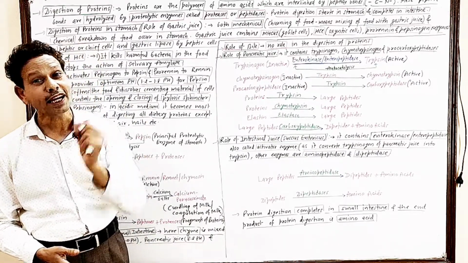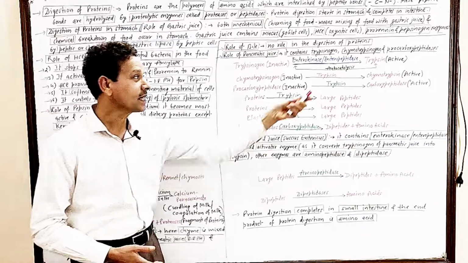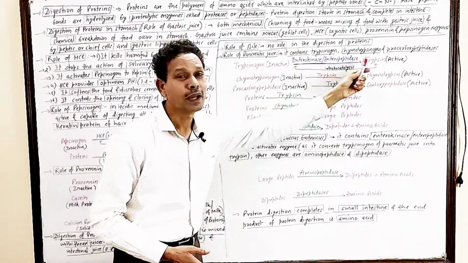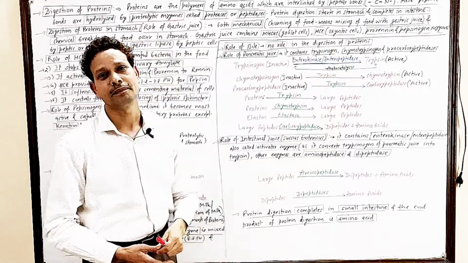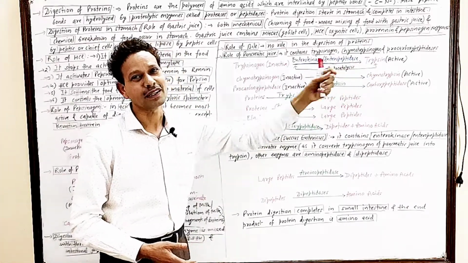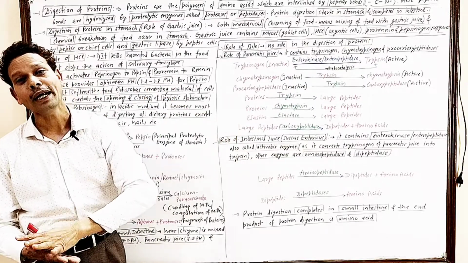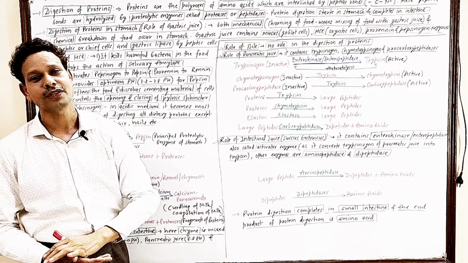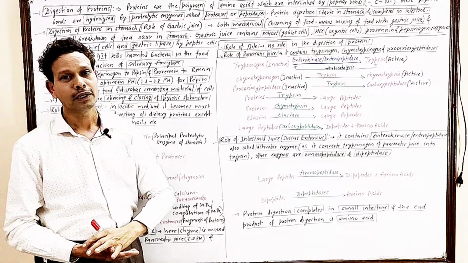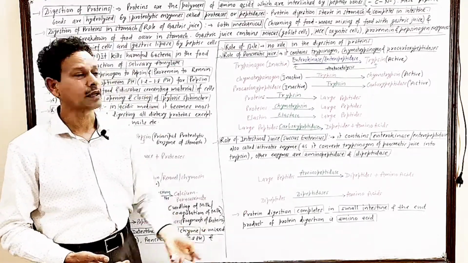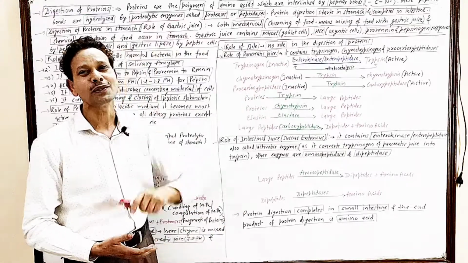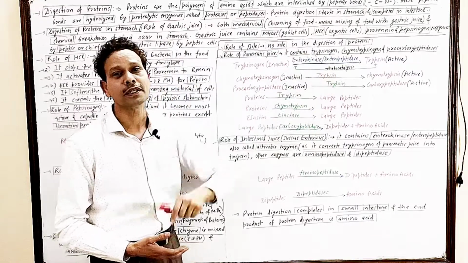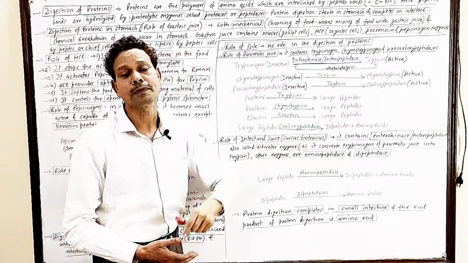It is an activator enzyme. It activates trypsinogen into its active form, trypsin. Trypsin then acts by autocatalysis: once activated, it activates other enzymes like chymotrypsinogen, which in the presence of activated trypsin converts into chymotrypsin.